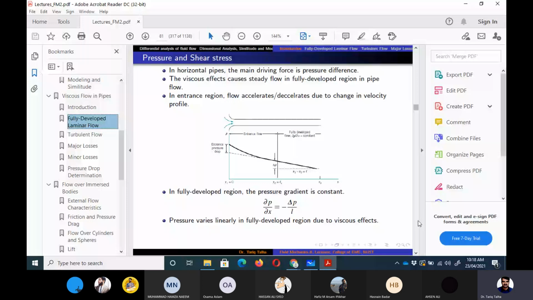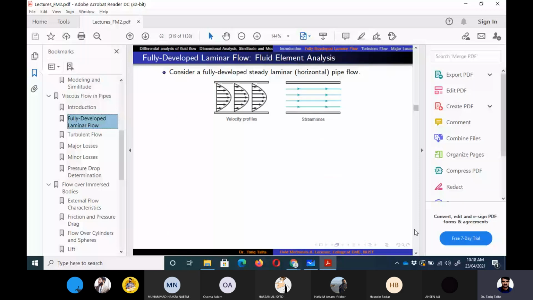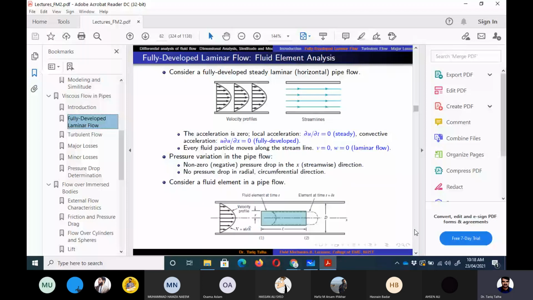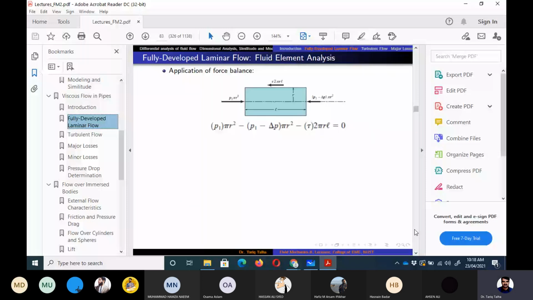And then we discussed fully developed laminar flow by using fluid element analysis. We discussed the relation between pressure drop and shear stress by equating the forces on a fluid element.